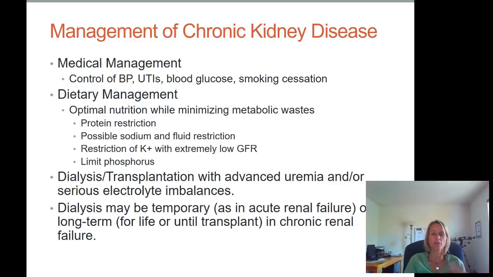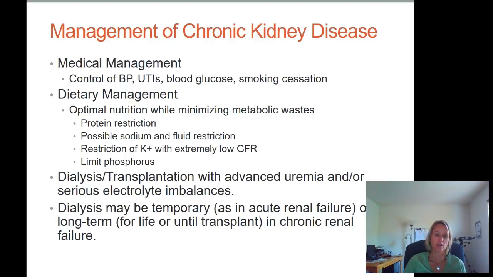So how do we manage chronic kidney disease? Medical management includes controlling blood pressure, fighting urinary tract infections, controlling blood glucose, and quitting smoking. Dietary management includes trying to maintain optimal nutrition while minimizing some of the metabolic waste. So you want to avoid or restrict, I should say, protein, maybe sodium and fluid restriction.